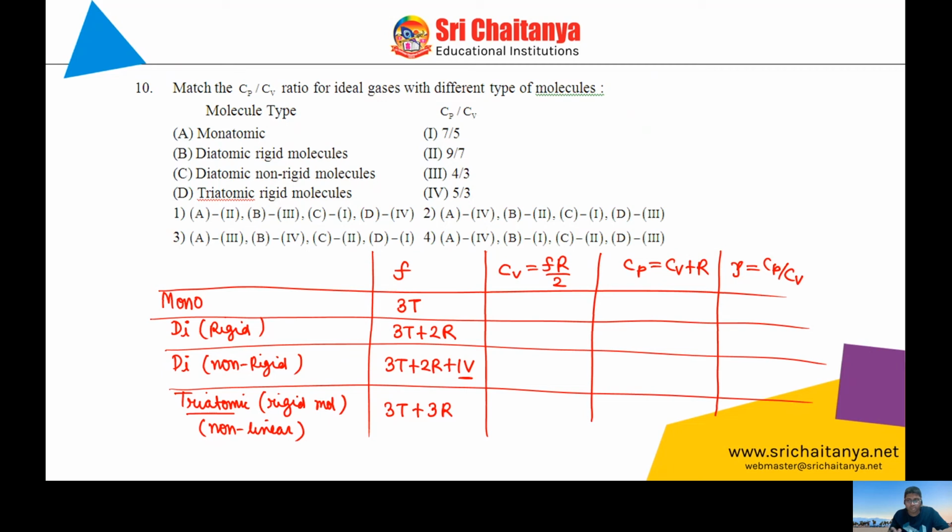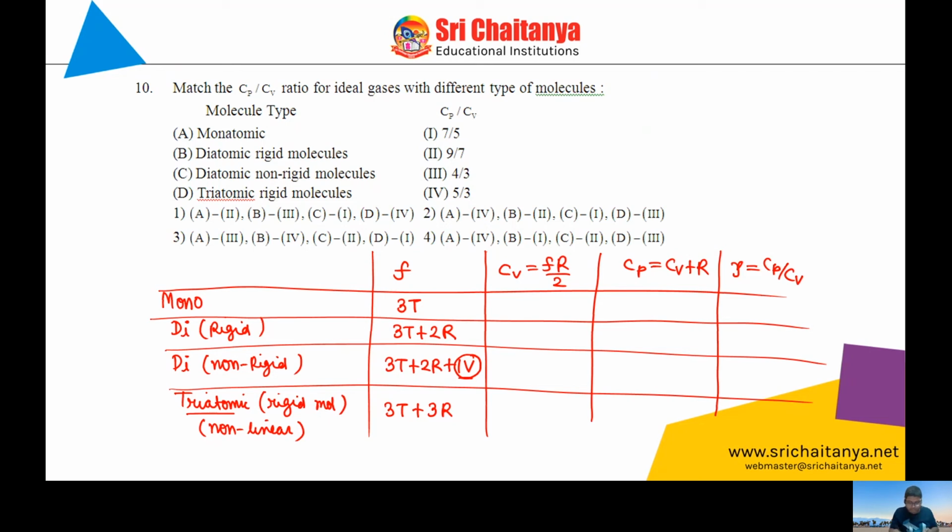When some molecule is vibrating, the molecule will possess kinetic energy as well as potential energy. So one vibrational degree of freedom will be having 2 degrees of freedom inside it, one kinetic energy and one potential energy, right?